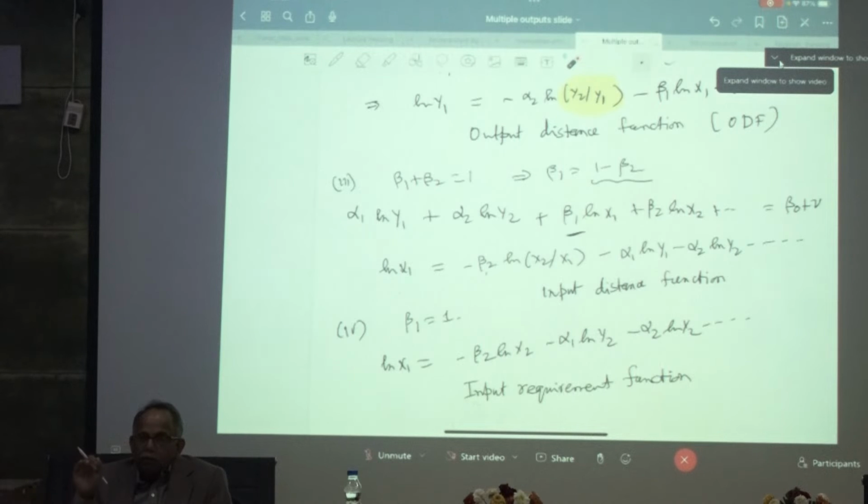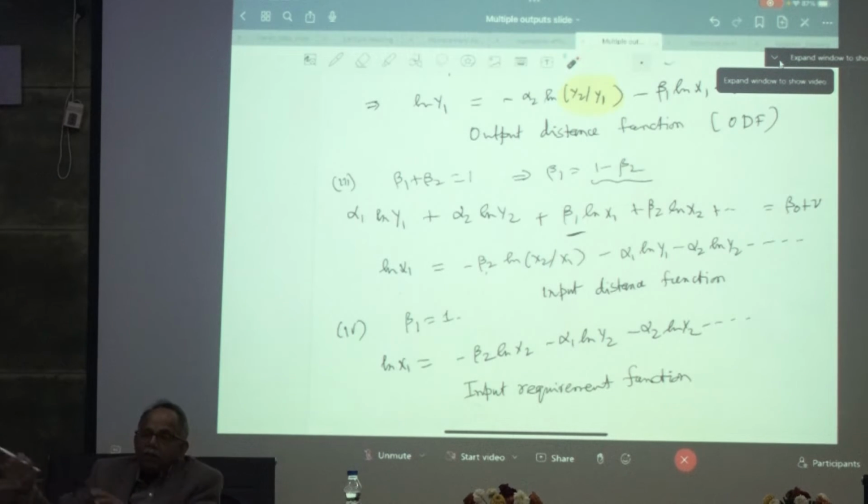So let's say you are looking at banks. For banks or any other services, if you go into hospitals, they produce many different types of output, right? Outputs are the different types of, let's say, surgeries and other things that they do. So there are many different outputs, and those outputs are given. In that case, your objective is to minimize cost.